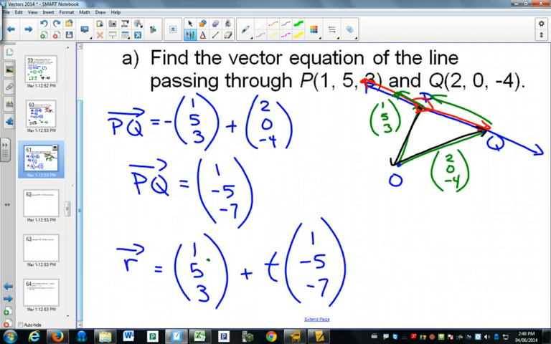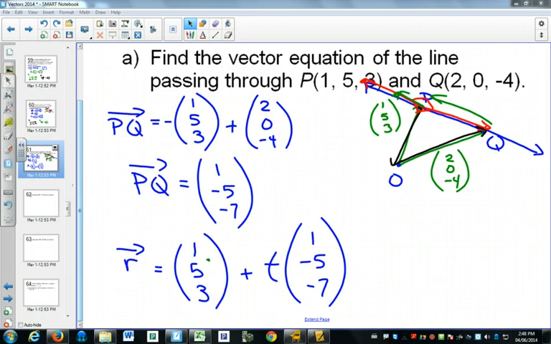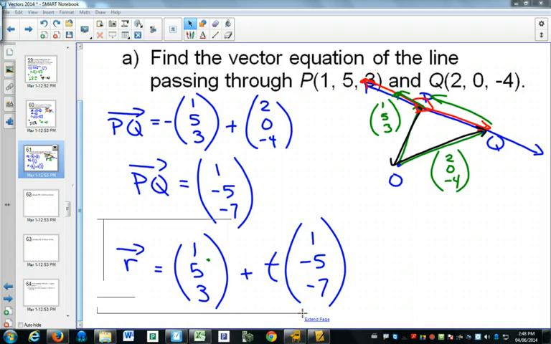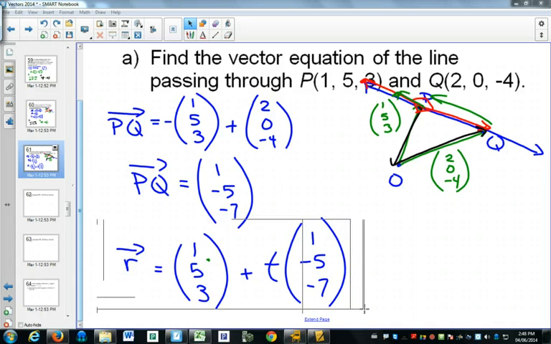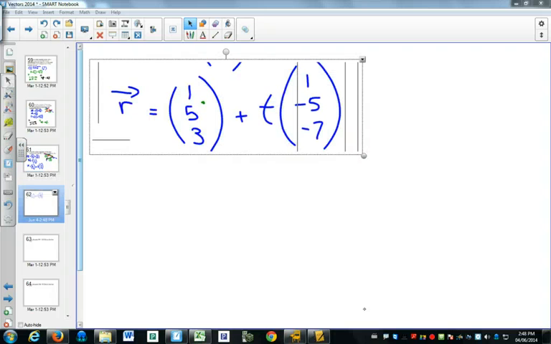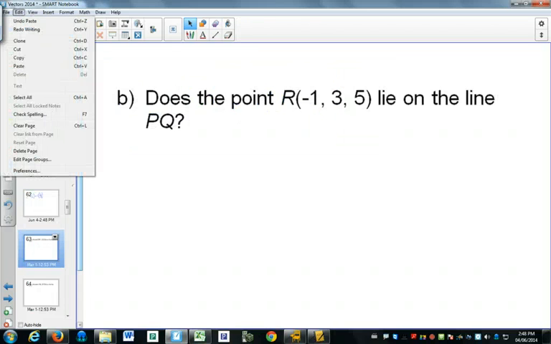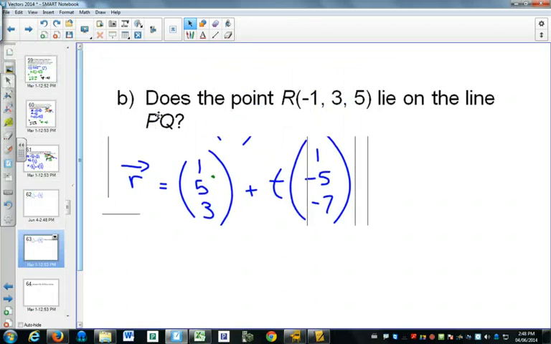I'm going to just take that picture of that for our next screen. Here we go, paste it here. So here's our equation.